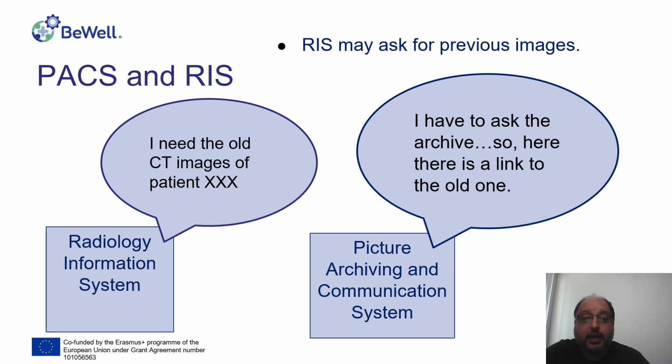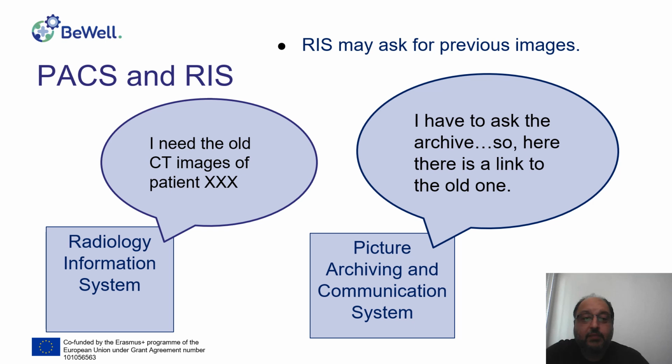So the picture archiving and communication system checks the archive and provides these images also. And one very important parameter in the system is the retrieval time, and we are speaking about seconds. We are not speaking about days or hours, we are speaking about seconds.